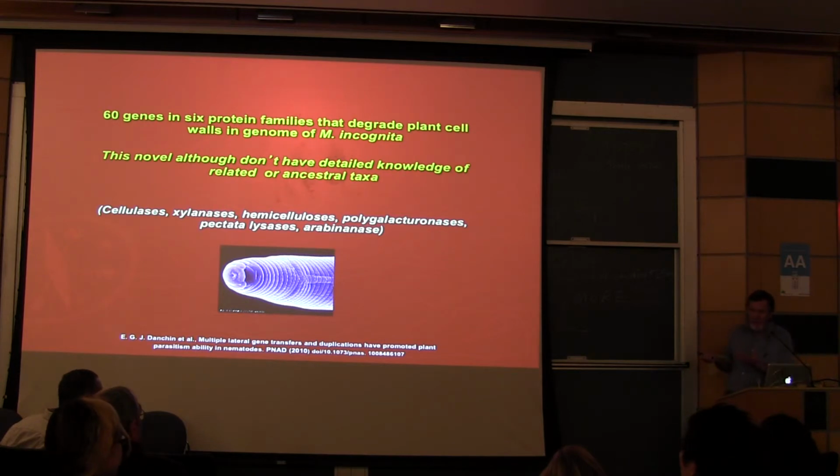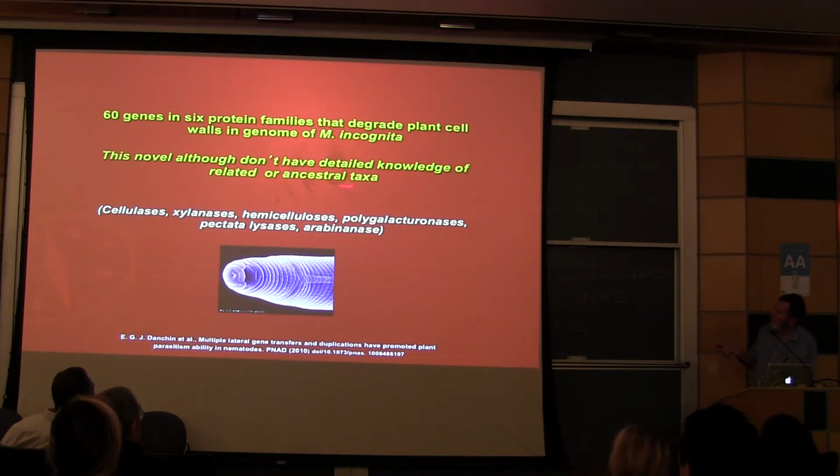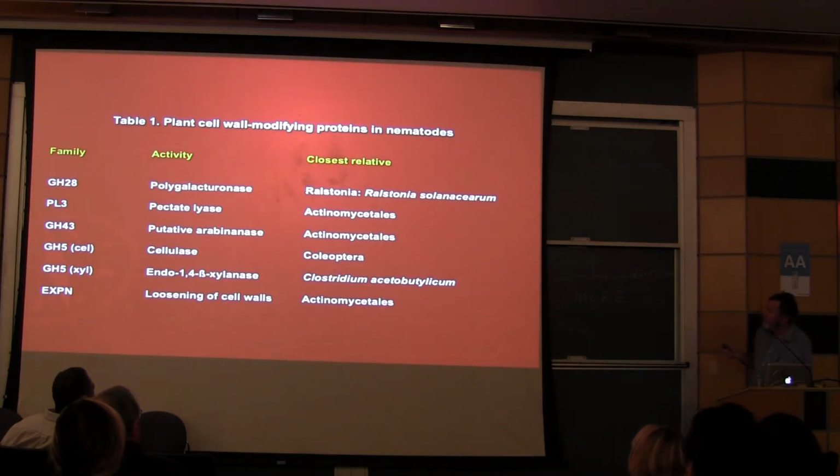Pretty diverse range of enzymes to digest plant cell walls. Normally you need termites in the gut, or you need some other way of doing this. This is novel, although we don't have any detailed knowledge of the relationship to the ancestral taxa from which these genes arose. And there's a whole variety of different sorts of enzymes that I've just listed out here. And this slide I've just shown from this paper.